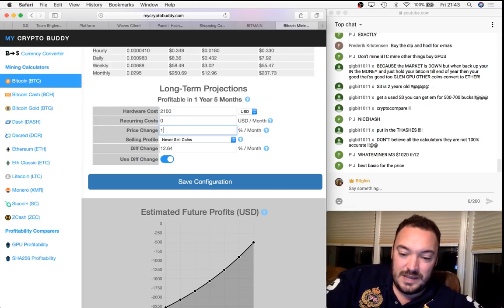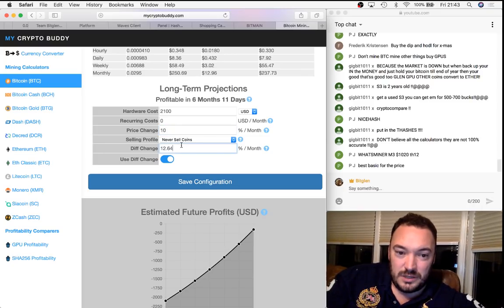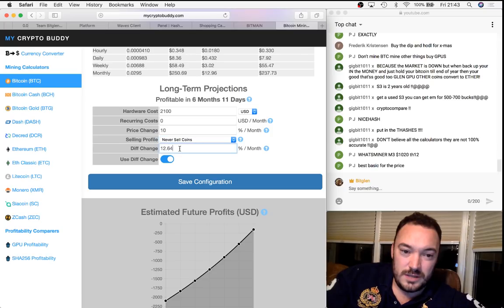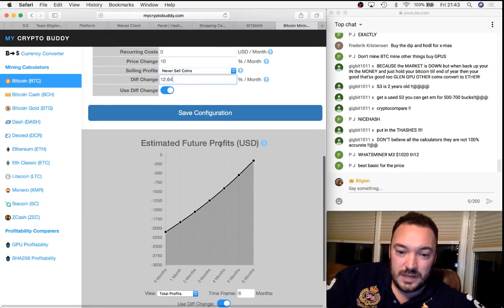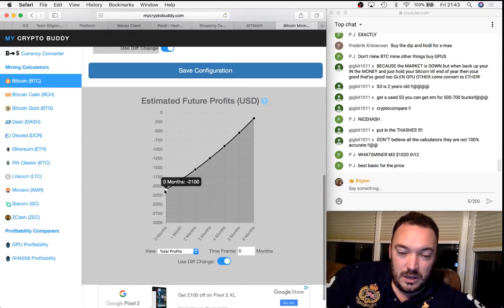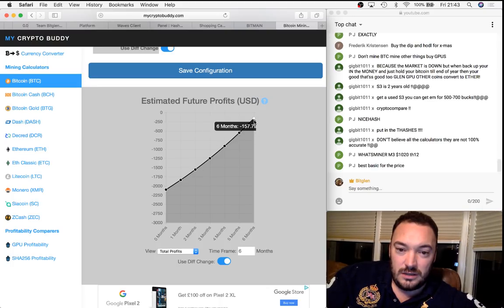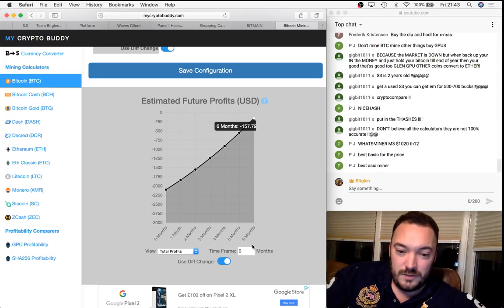Price change in percentage. Let's base it on 10% because that's what I did for NiceHash Flare the other day. So we'll keep it the same. Never sell coins. They're saying difficulty is going to go up 12%. So they're saying that you would be at minus 2,100 deficit at the beginning, and eventually let's do 12 months.